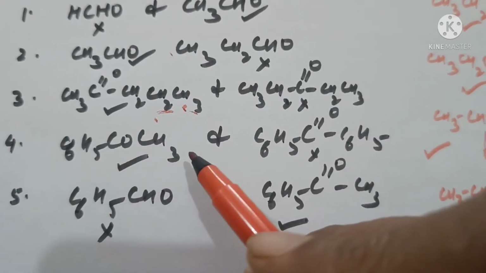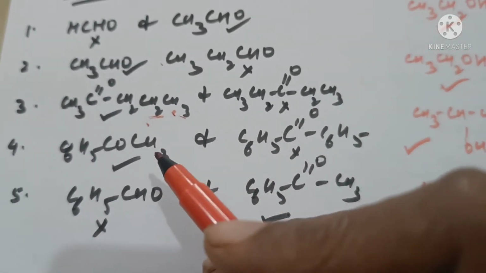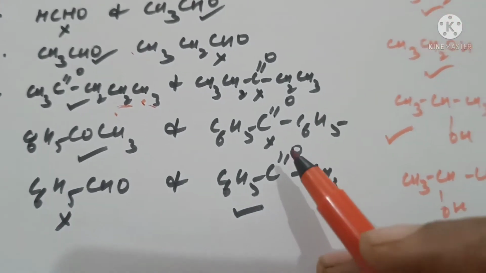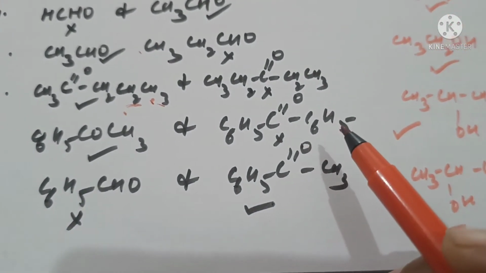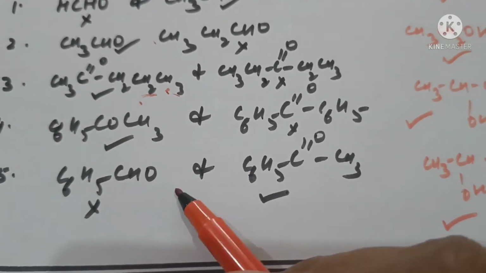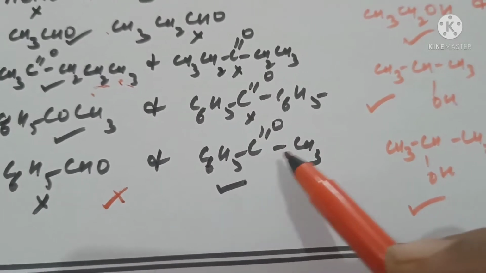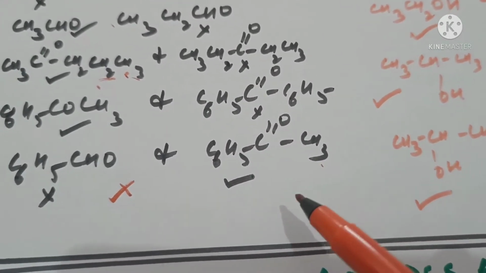Acetophenone will give positive iodoform test, whereas benzophenone will not give. And benzaldehyde will not give iodoform test, whereas acetophenone will give iodoform test.